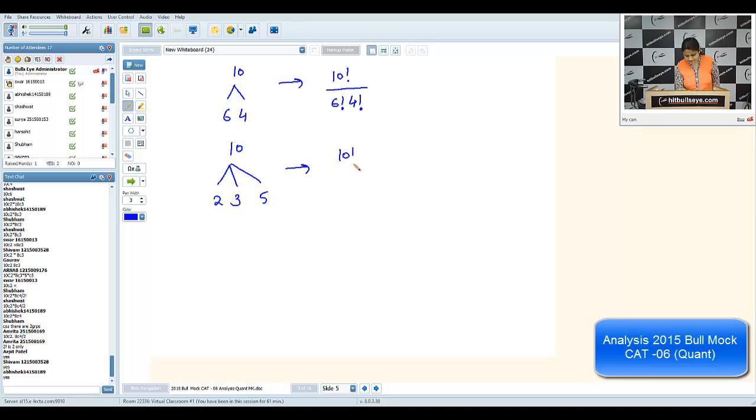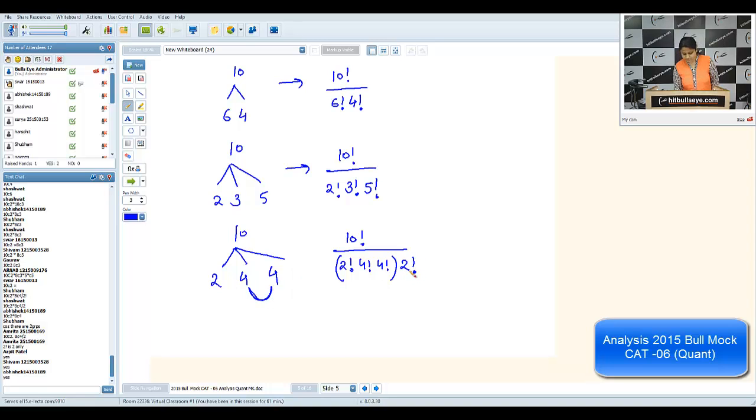It will be 10 factorial divided by 2 factorial, 3 factorial, 5 factorial. But in case of equal formation, it will be 10 factorial divided by 2 factorial, 4 factorial, 4 factorial, into how many repetitions are there? 2. 4 is appearing twice. That's why we are dividing it by 2 factorial.